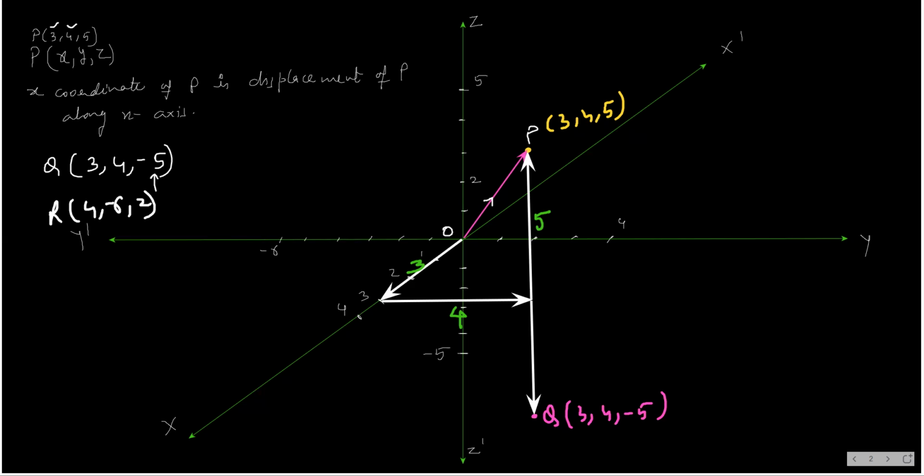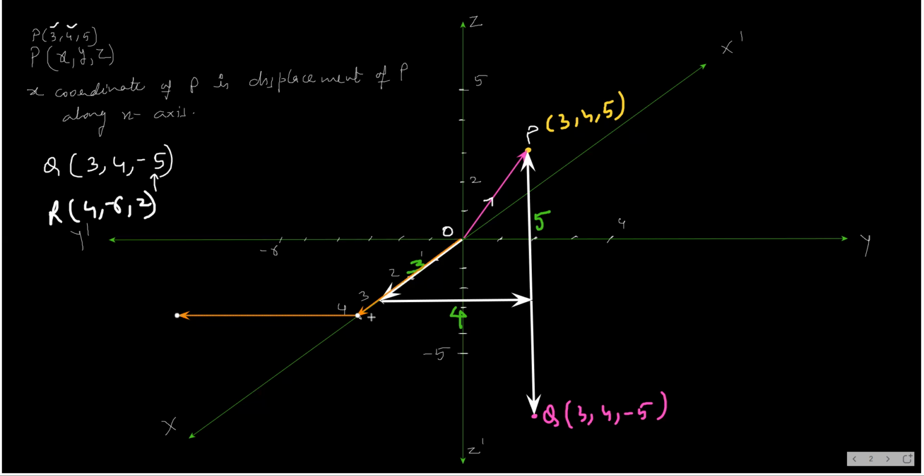I'm taking another color this time. So let's do it. You move 4 along x-axis. Then you go negative 6 along y-axis. So from 0 to 4 you come along x-axis.